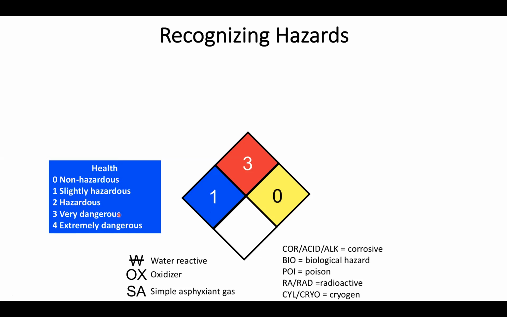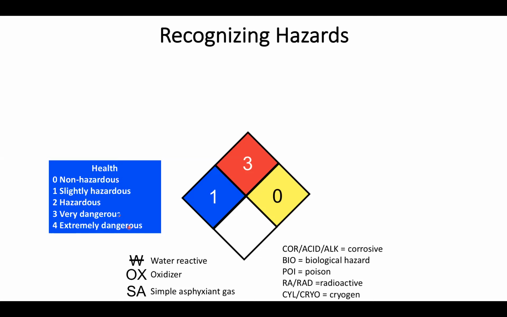Once you get to 3, then you really have to start watching out because we have LD50s essentially less than 50 milligrams per kilogram. So this includes things like cyanide sitting at about a 10. Turns out vitamin D is also more dangerous than you think, with an LD50 of about 10 milligrams per kilogram. And then by the time you get to 4, these are very much extremely poisonous.